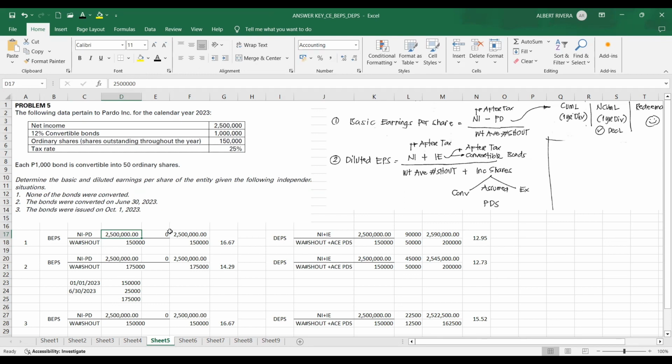So, kung walang preference shares, edi wala kang preferred dividends, divided by the weighted average number of shares outstanding, which is 150,000 all throughout the year. So this is times 12 over 12, standing for 12 months over 12. Okay, let's now go to the computation of the EPS.